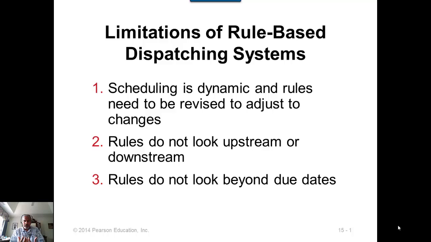Even though they both have the same due date, the first one is more flexible and the second one is not. These kinds of information should be taken into account. If you strictly go by the rules, they do not distinguish between these additional layers of information. So you have to look beyond the due dates. That's what is meant by looking beyond the due dates.